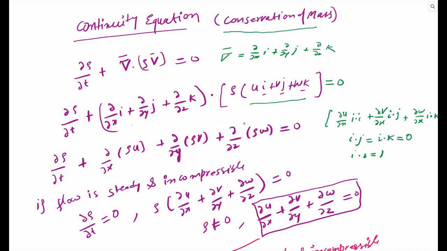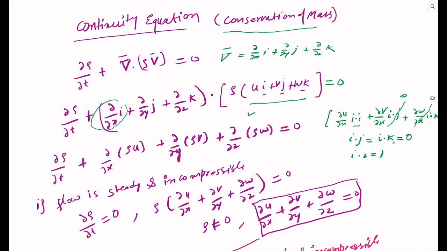When we expand it, we first take this term and do the dot product with the velocity vector. What will we get? We get the i term, and the remaining terms, i dot j and i dot k, become 0 because they are perpendicular.